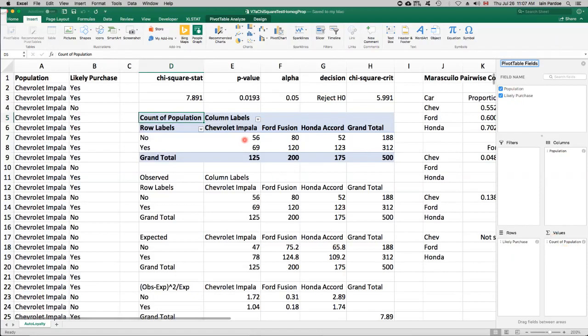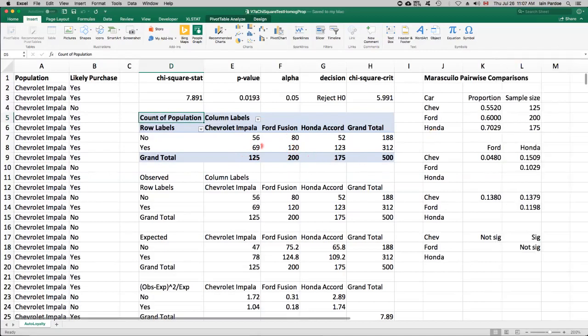If we do all that, it will create this pivot table with counts. Of the Chevrolet Impala owners, 56 said no and 69 said yes, out of 125 in total. Ford Fusion, 80 said no, 120 said yes, out of 200, and so on.